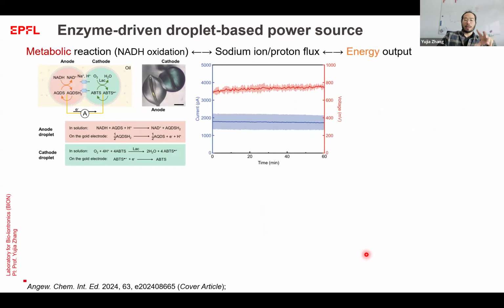Besides lithium batteries, we can also incorporate, let's say, metabolic reactions. This is, I guess, more similar to the general topic of this seminar, synthetic cells. So we can incorporate, let's say, the oxidation of NADH molecules in the droplet, and the oxidation involves charge transfer, and therefore it could be used to build these droplet-based fuel cells.